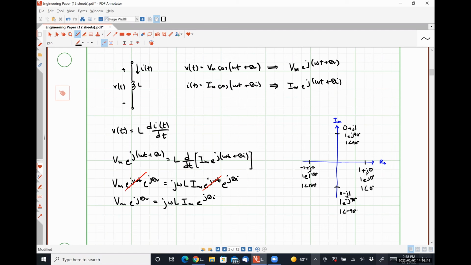So if I'm multiplying the right-hand side of this expression by j, that's me multiplying it by 1 angle positive 90 degrees, which means that I could rewrite this as omega L Im e to the j (theta I plus 90 degrees).